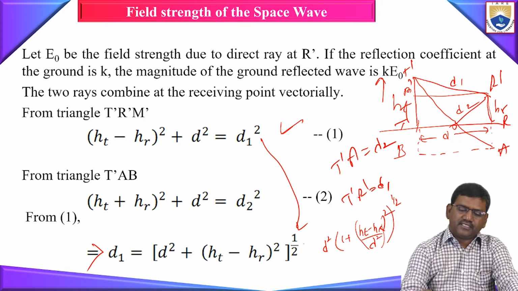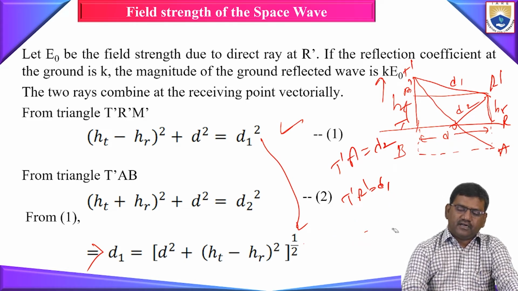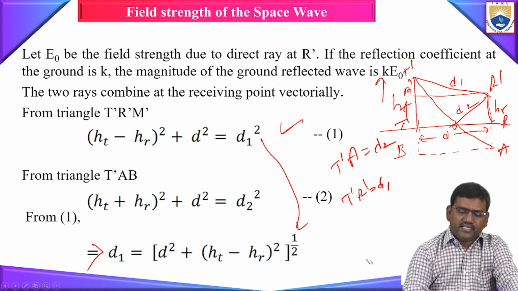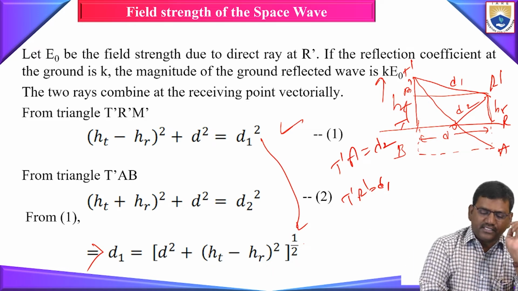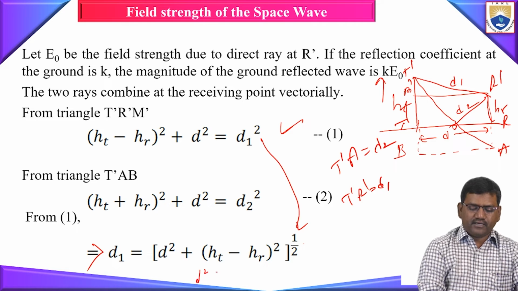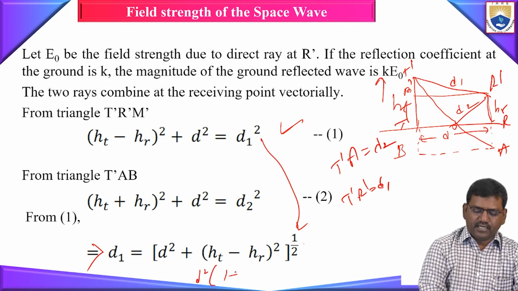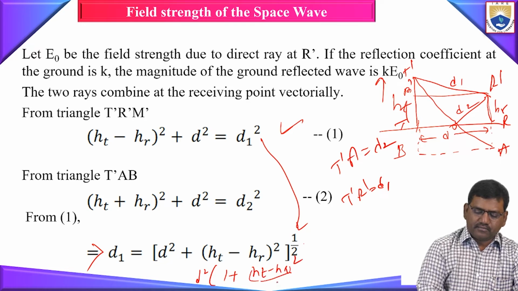So if we take d square as common, you will get d square into 1 plus (HT minus HR) whole square by d square.